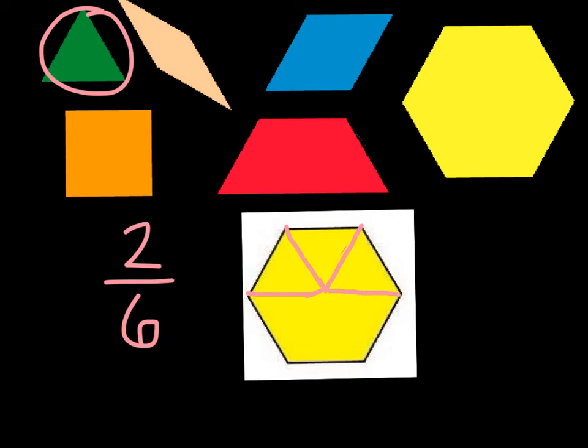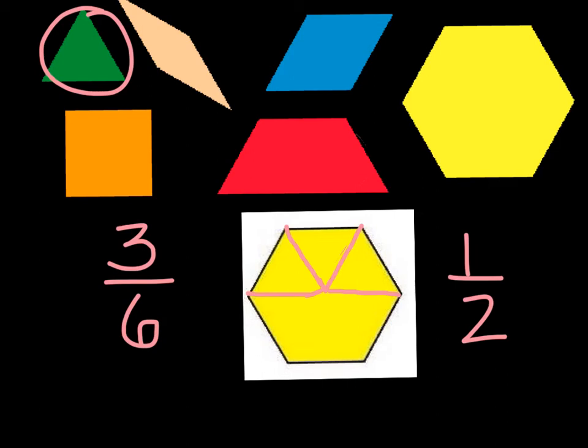If I had 3 of those triangles, then of course that's going to be 3/6, or that's actually equal to 1/2. Okay. And we could continue going. If we had 4 triangles, it would be 4/6. If we had 5 triangles, it would be 5/6.